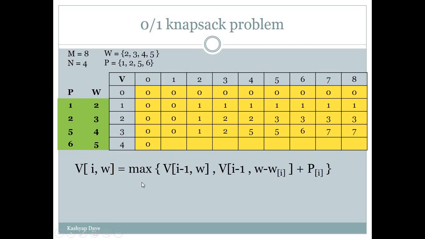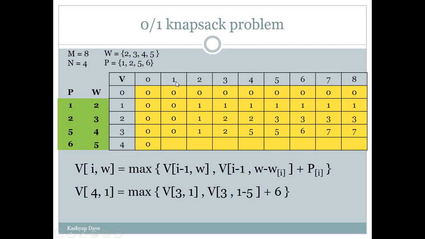So our equation will be V[4][1]. What will be the value for this cell? Maximum of V[i-1], so I is 4 minus 1, so 3, and W is 1, so V[3][1], or our next thing says V[i-1], so 4 minus 1, 3, comma W minus W of I.